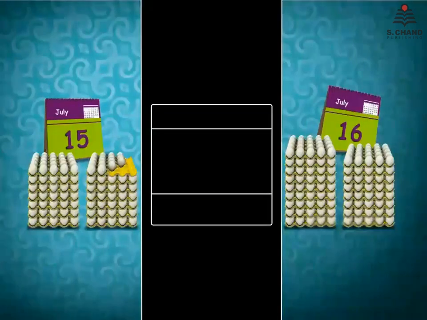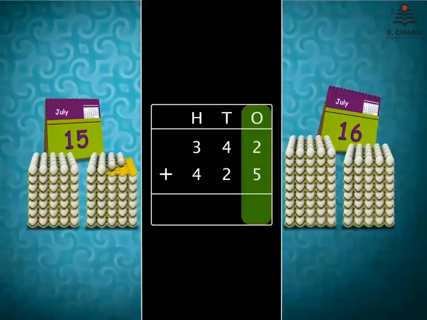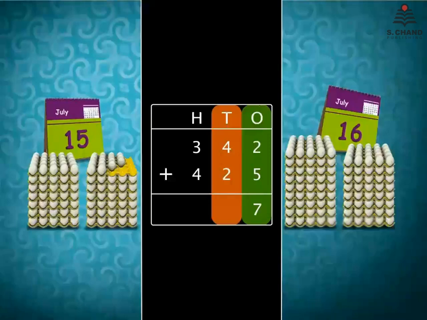Let's first write the two numbers in columns of hundreds, tens and ones, and then add. We always begin adding from the ones column. Adding the digits in the ones column, we get 7 as the answer. Next, adding the digits in the tens column, we get 6 as the answer.